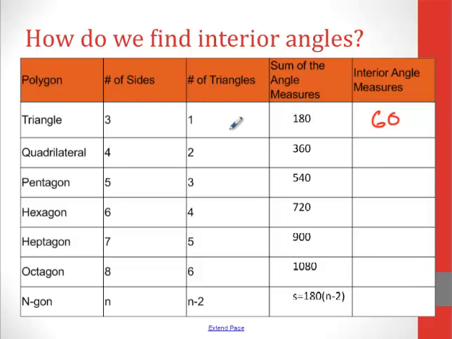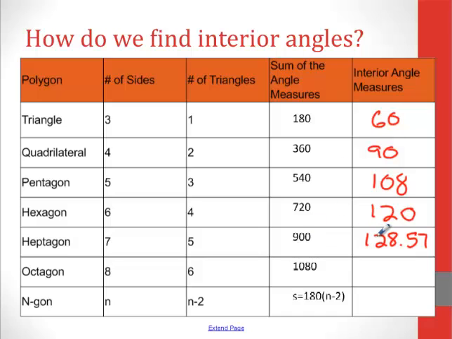Because we're doing 180 divided by 3. 360 divided by 4 gets me 90. 540 divided by 5 gets me 108. 720 divided by 6 gives me 120. 900 divided by 7, 128.57.